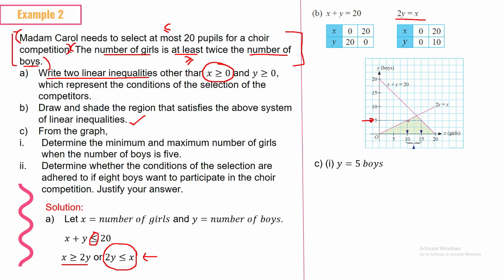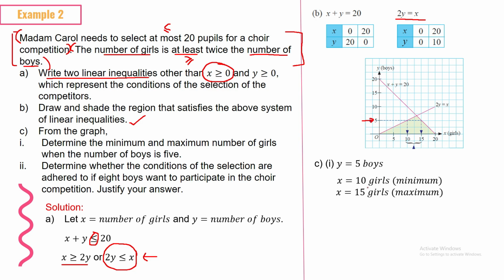We go again to the right and intercept at the second intersection. So we get x equal to 15. So x equal to 10 girls is the minimum, and x equal to 15 girls is the maximum.